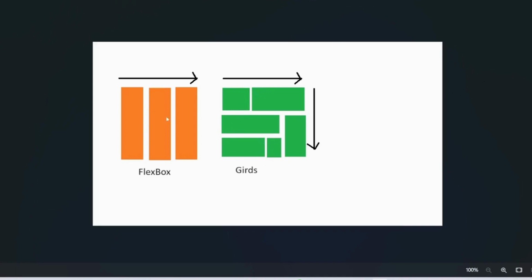In Flexbox, we have columns aligned in rows, and in Grid we have rows and columns, which give you a two-dimensional representation. We can achieve this in Flexbox, but it required many HTML level changes, as we discussed in our previous video. So let's dive into the coding session.